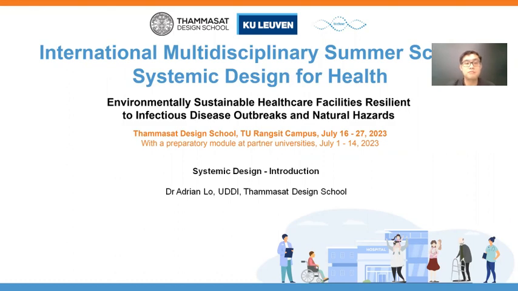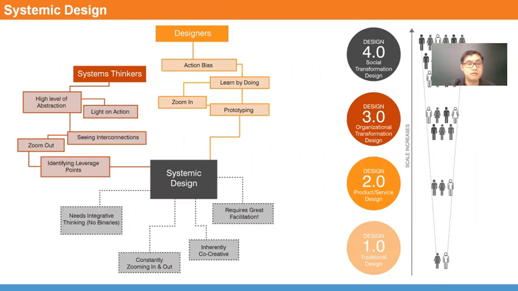My presentation today is about an introduction to systemic design. Following on from the ideas of systems thinking and its insights on seeing the many interconnections across multiple disciplines and sectors in order to identify high-impact leverage points, and in contrast to conventional design processes of learning by doing and prototyping, systemic design combines these two aspects, such that we are constantly zooming in and out of the problems, needing integrated thinking as opposed to binary or oppositional thinking, and starts to be what we can call co-creative through collaborative design.